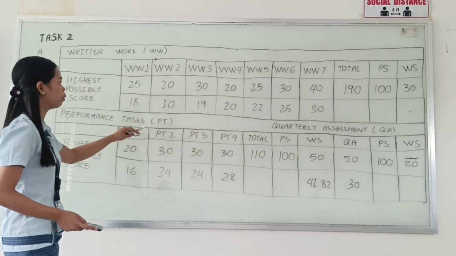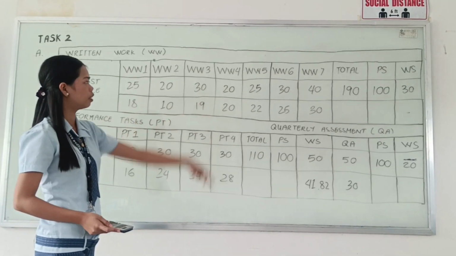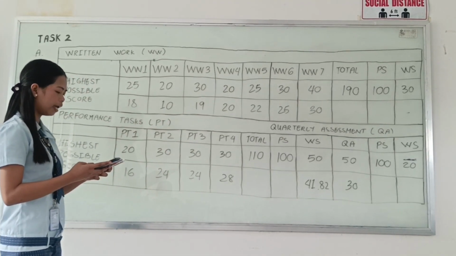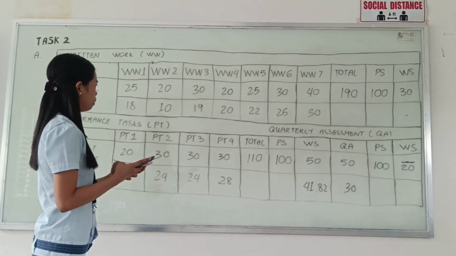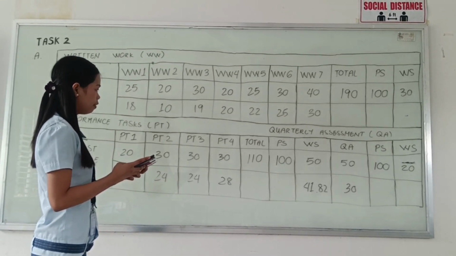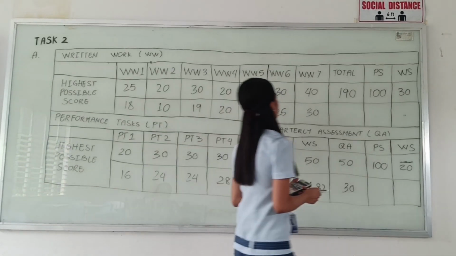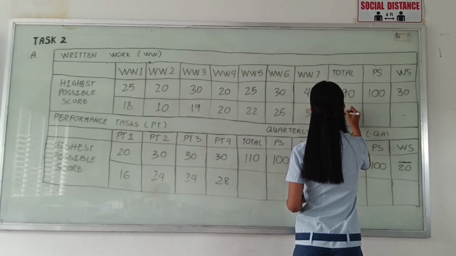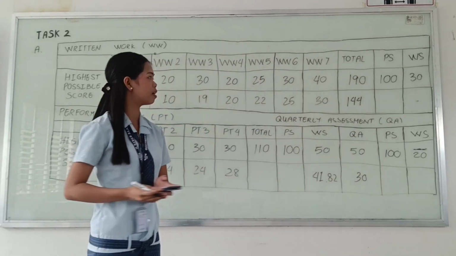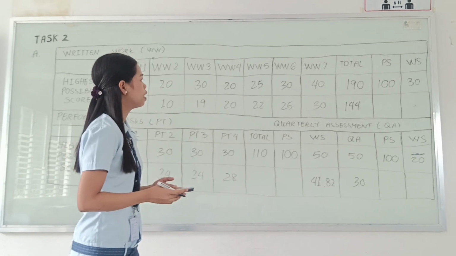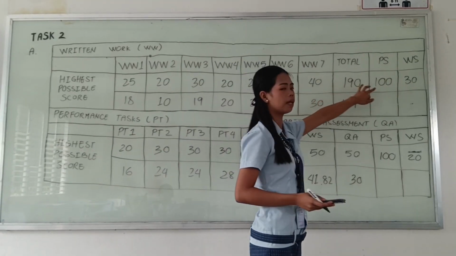We add the total raw score from written work 1 to 7: 18 plus 10 plus 19 plus 20 plus 22 plus 25 plus 30 is equal to 144. So the total raw score is 144. To calculate the percentage score, we're going to divide the total raw score by the highest score and multiply by 100.